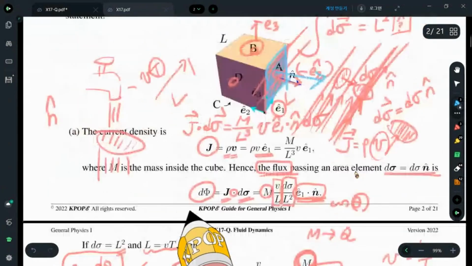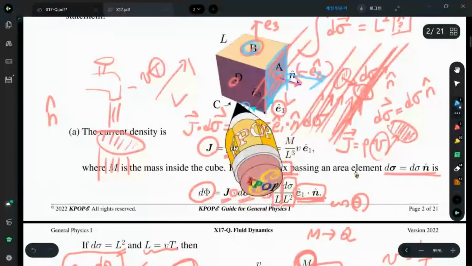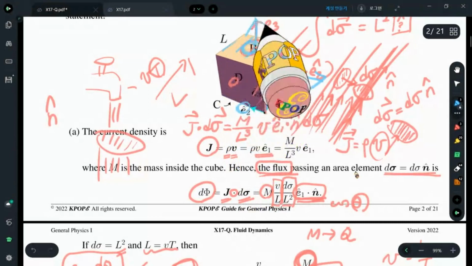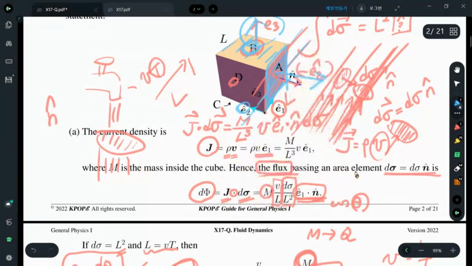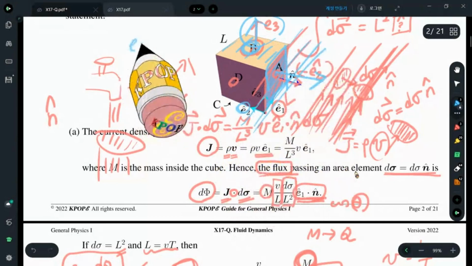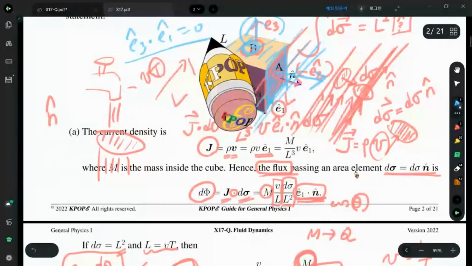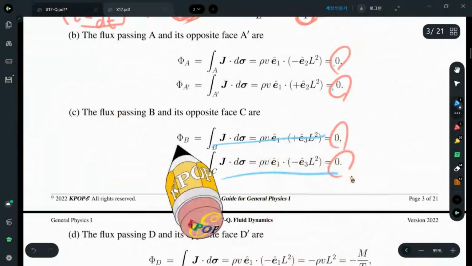BB, BC: this plane also has normal vector E3, but the flow is along E1, and E3 dot E1 equals 0. So they do not contribute to the flux.